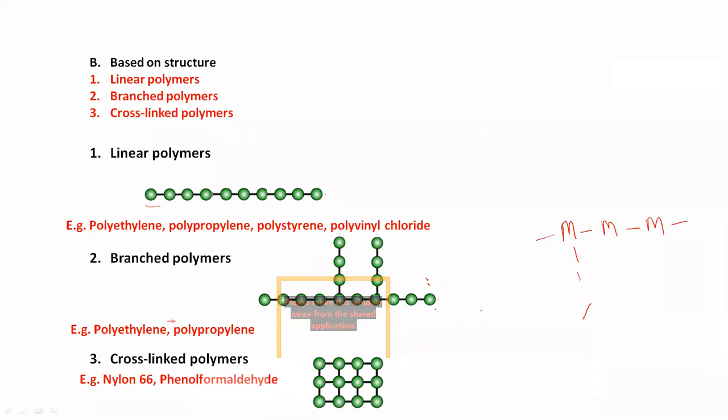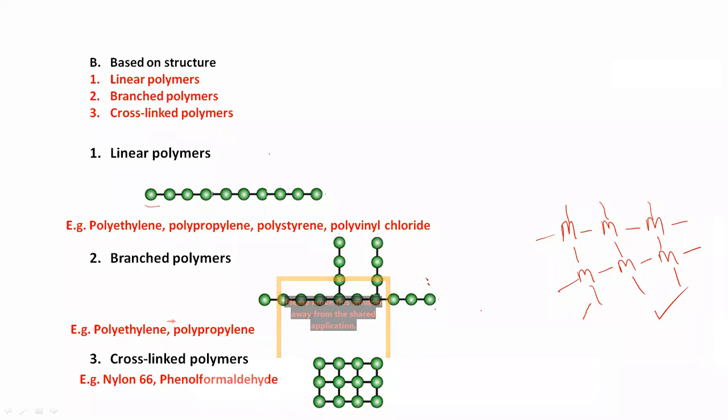It is linked to another linear chain, and the cross-links go in all directions. This is called a cross-linked polymer. They are three-dimensional polymers and very strong. Examples are nylon 66, phenol formaldehyde, and urea formaldehyde. So this is the structure you should know.